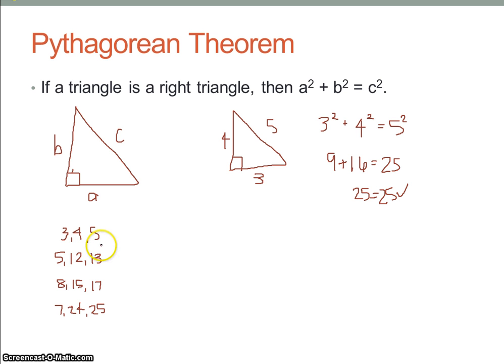So for example, if we multiplied all of our 3, 4, 5 by 3, 9, 12, and 15, those also work as a Pythagorean triple. So we could do that for all of these because these are all a ratio. So again, these are our Pythagorean triples.